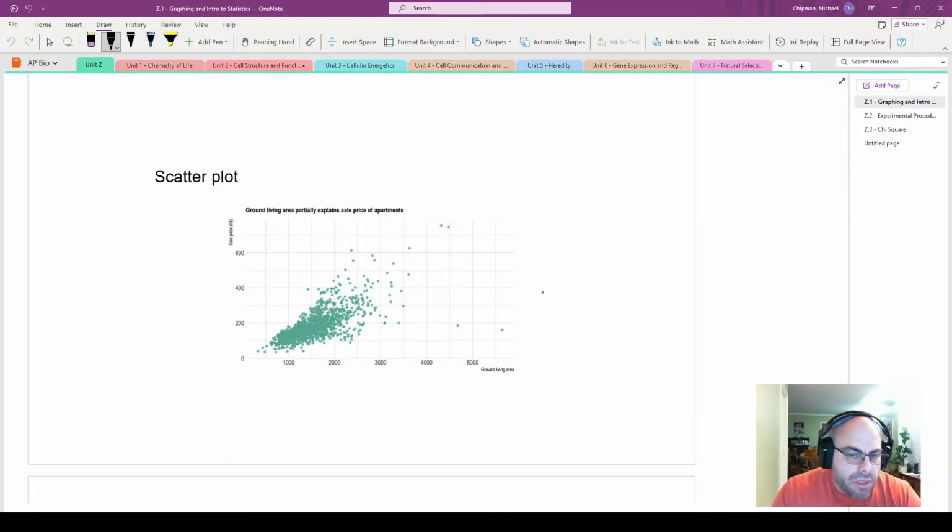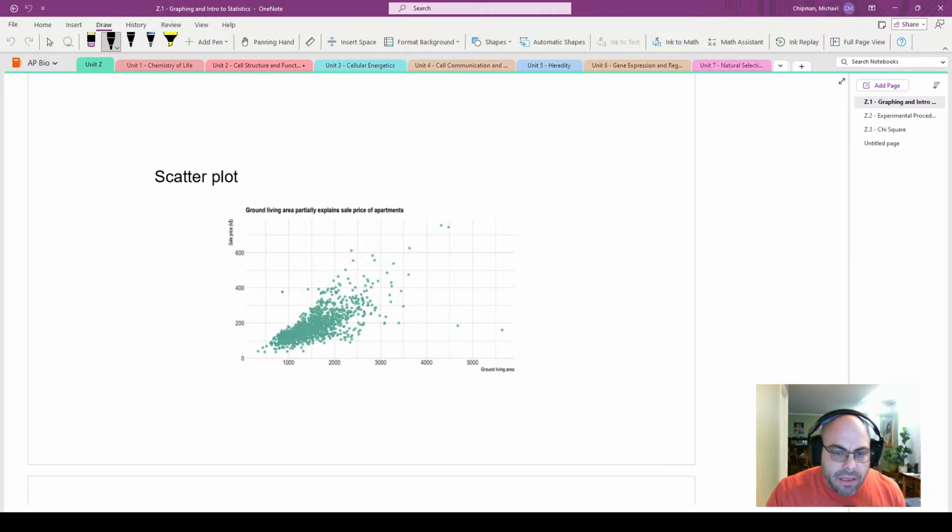And it was a real simple answer. It was a direct relationship because it went up and to the right. It was a positive relationship. And so you might see a scatter plot where you have two seemingly unrelated values. And on that particular practice problem, it actually gave you the variables. So it told you what to put on the y-axis and what to put on the x-axis.